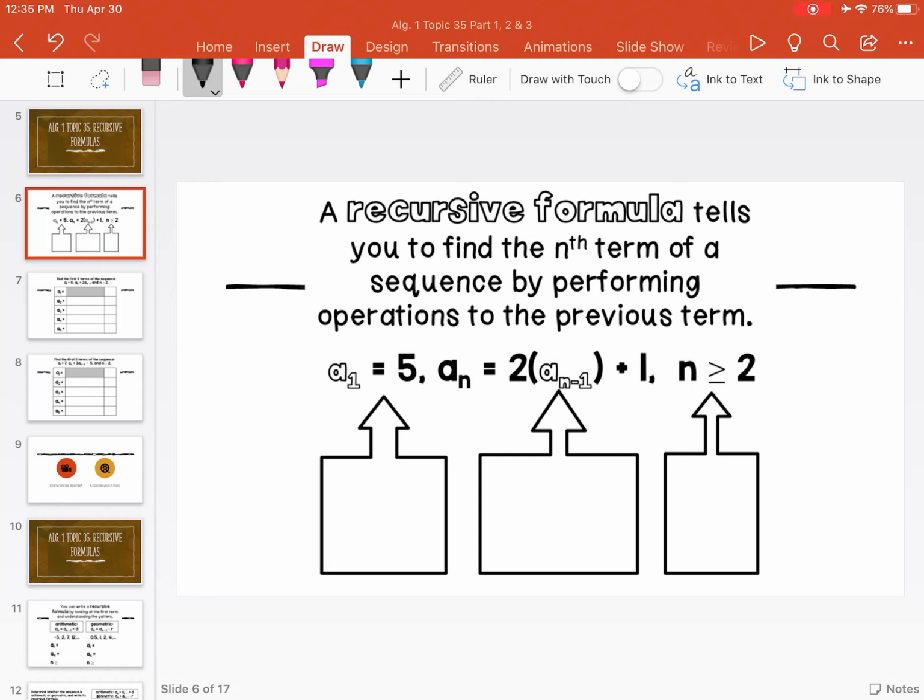Here we have similar variables to what we were introduced to in topics 33 and 34. A sub 1 is still the first term of the sequence. A sub n is still the term you want.